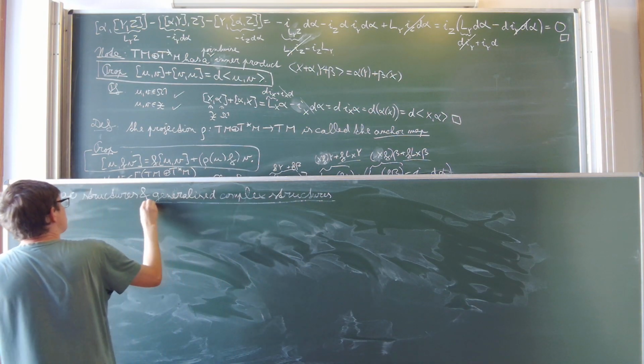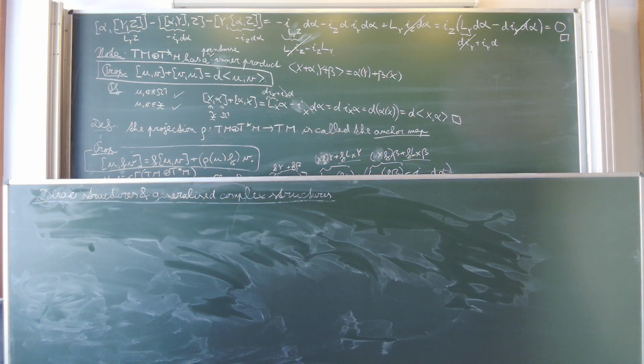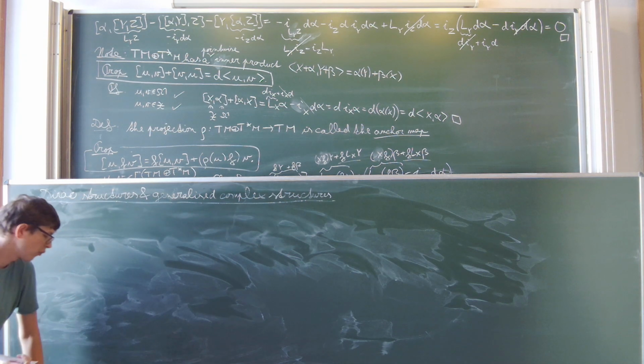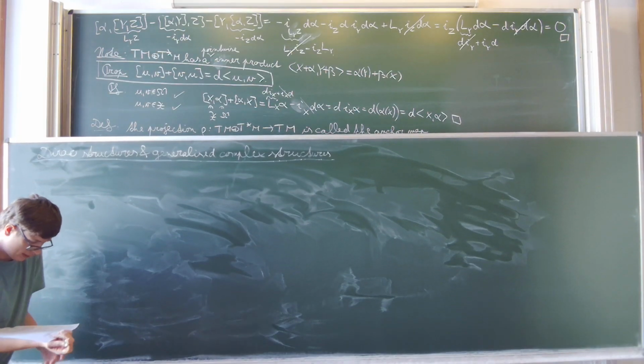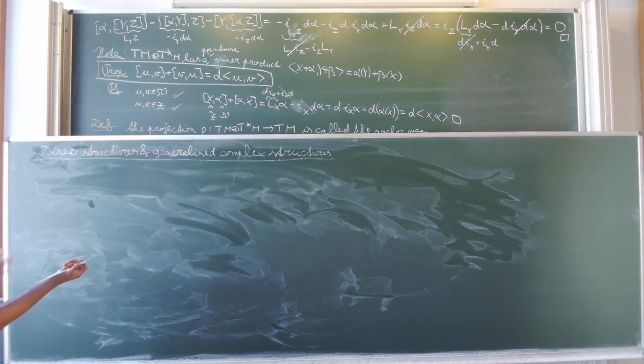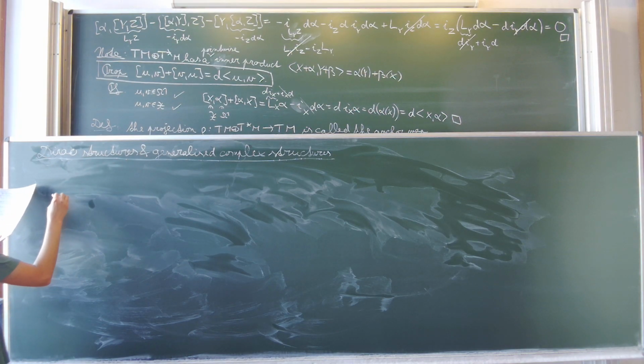I still count this as part of this 2.1 section, which is introduction, because I haven't yet defined Courant algebroids in full generality. But I think this is maybe the most interesting way to proceed, to kind of link this to complex and symplectic and other types of geometries.